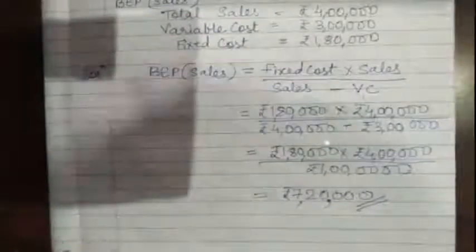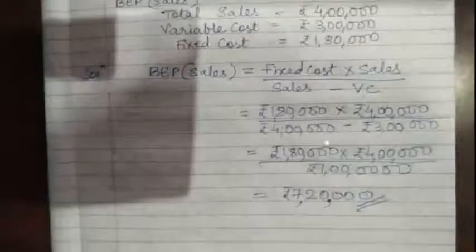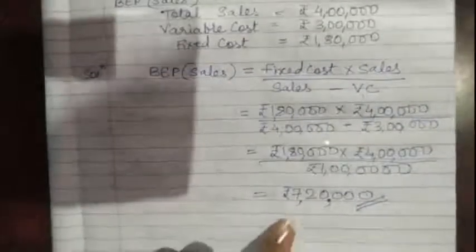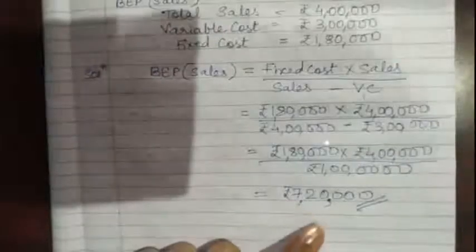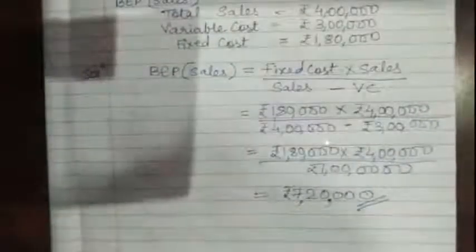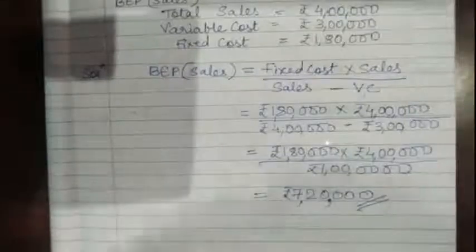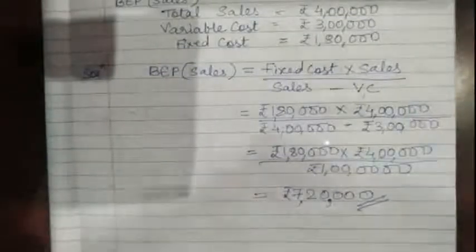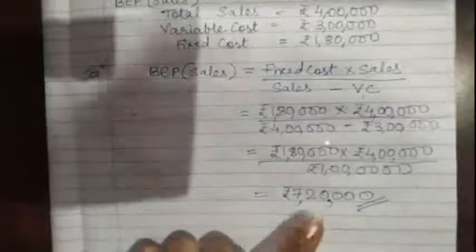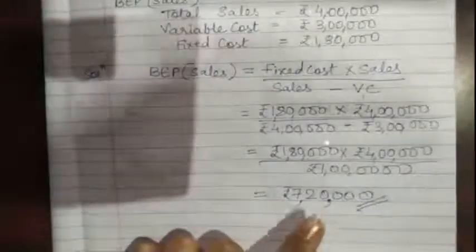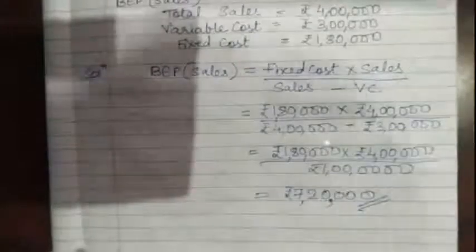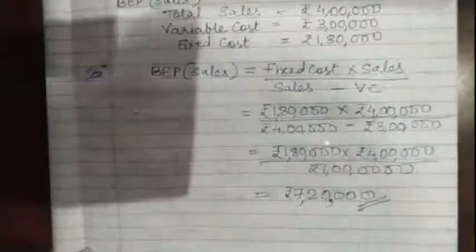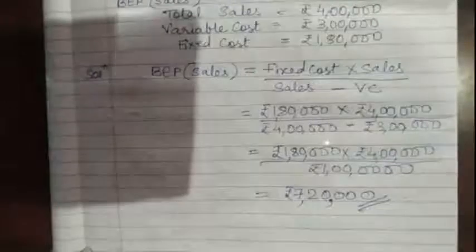So what does it mean? It means if the organization earns an income of rupees 7,20,000 from its sales, then the organization will neither earn profit nor incur loss. So sales should always be more than 7,20,000. This is how you have to calculate break-even point in units and break-even point in sales.